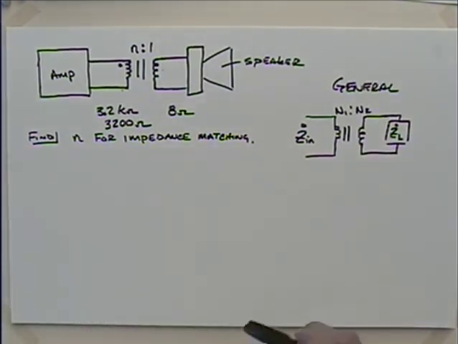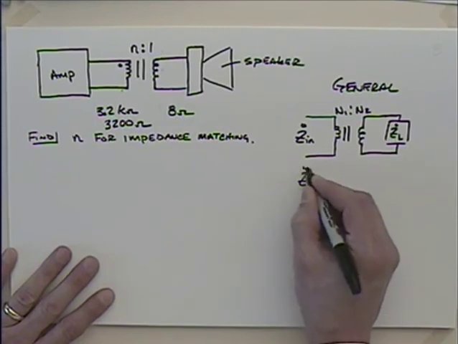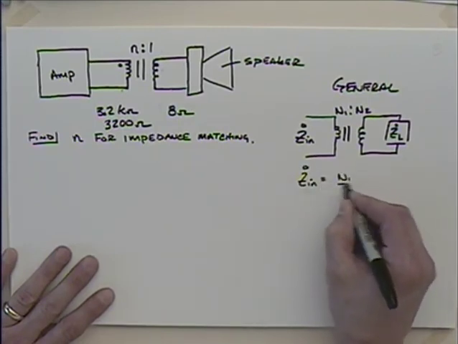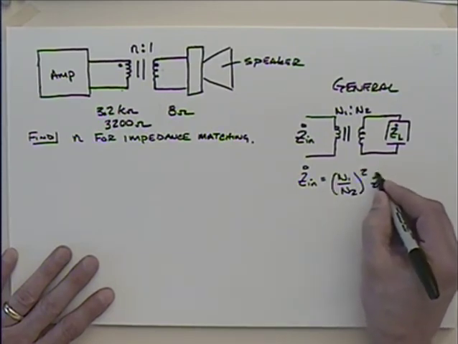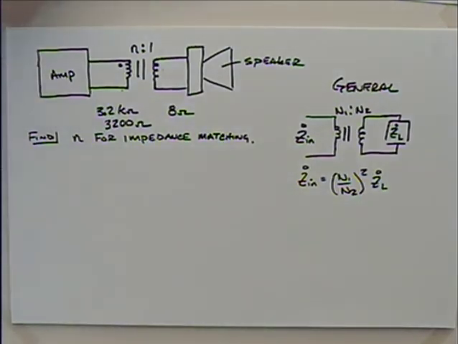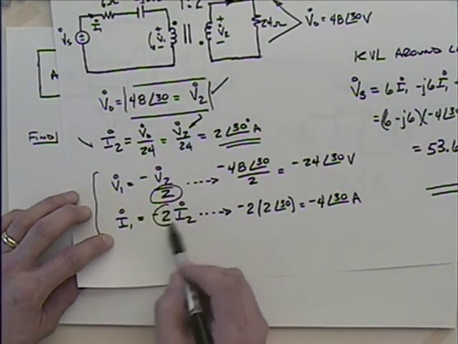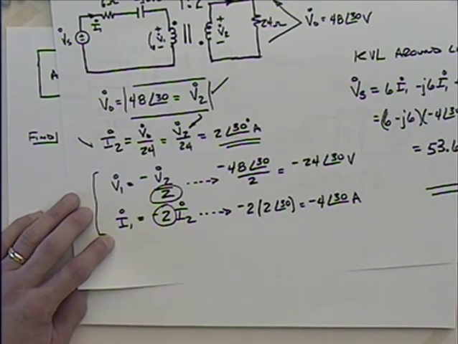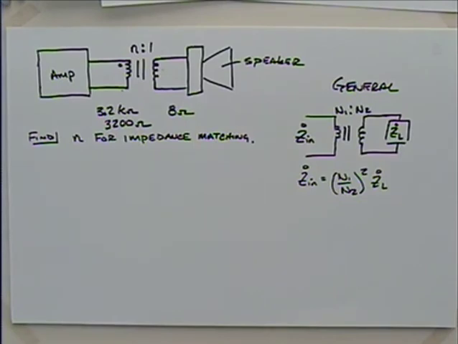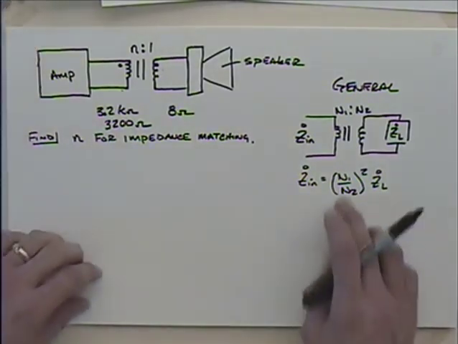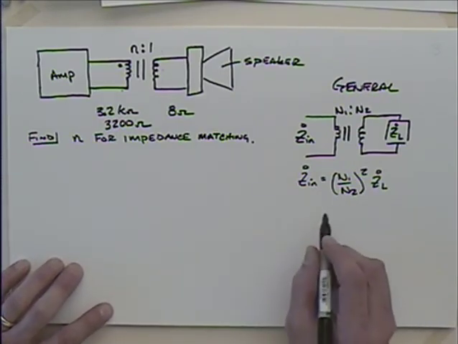So we could say then, and we went through this before, but let's do it again. Zn is going to be equal to N1 over N2 squared times ZL. I spent more time deriving that last time. But remember on this problem that we just got done with, here we are dividing by the turns ratio. Here we're multiplying by the turns ratio. When I look at the ratio of the voltage to the current, we would expect that we would either be multiplying or dividing by that ratio squared, wouldn't we? So it should not surprise us that we see N1 over N2 squared.